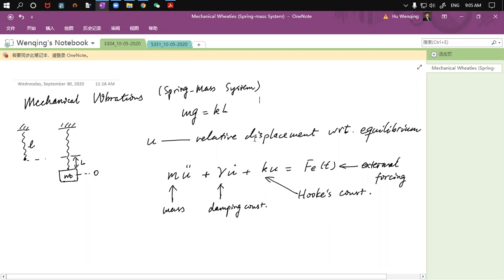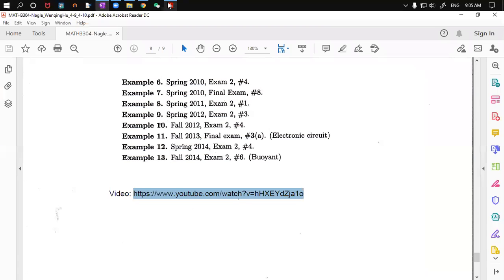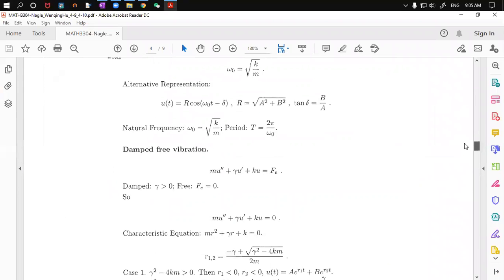So that's going to be pretty important for your future analysis, for the future of your course. Okay, so that's kind of the mechanical vibration.